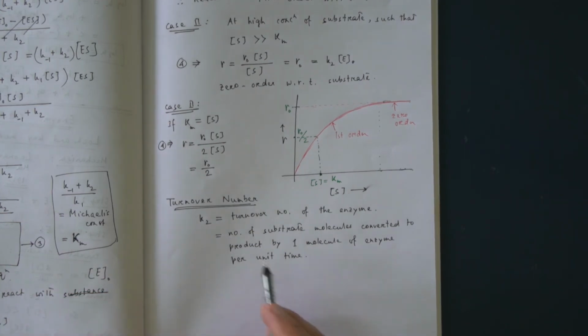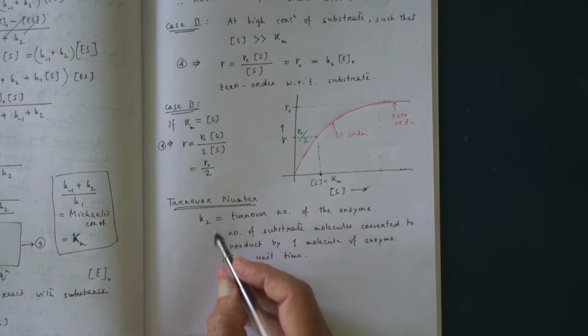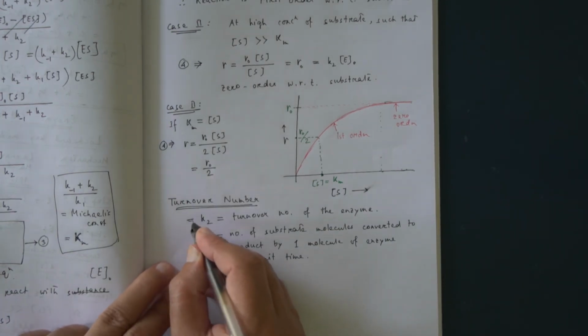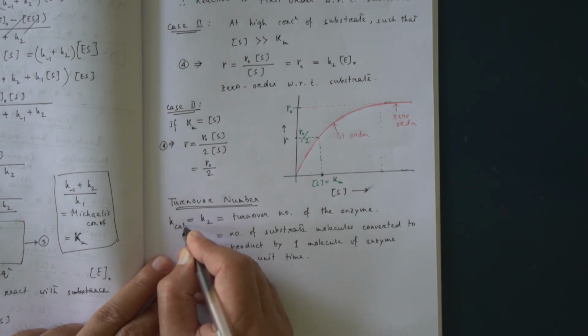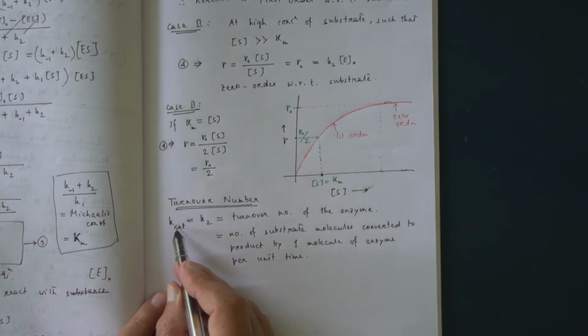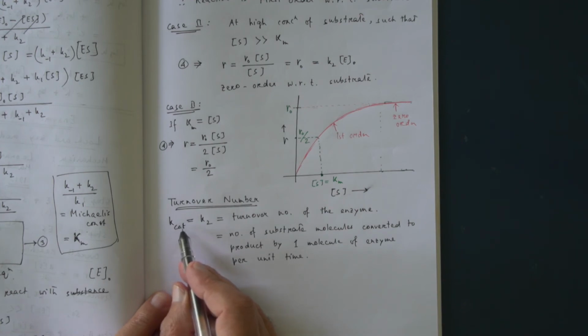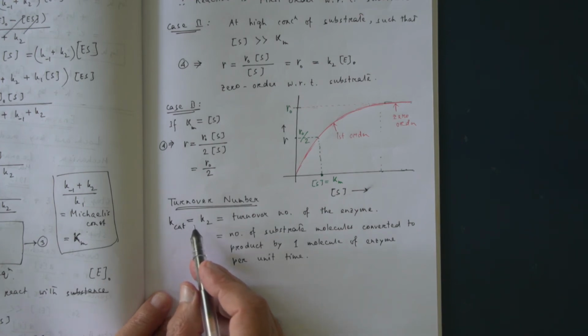Okay, so this is turnover number, and turnover number is also called the catalytic constant of the enzyme.